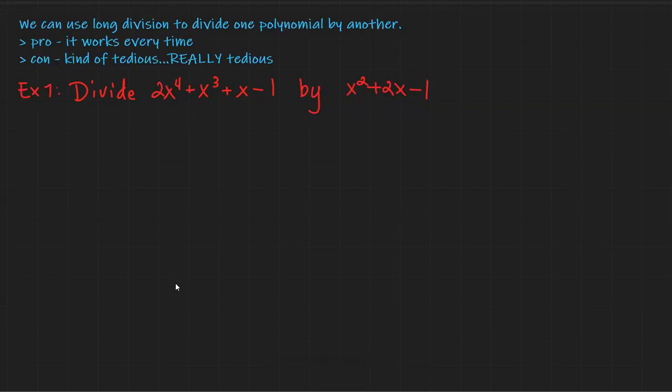I guess I should put an asterisk here. Works every time, asterisk being as long as you do it right. As long as you don't mess any signs up, as long as you don't have any little calculation errors, it always works. Whenever you do long division, it will always, always, always work.